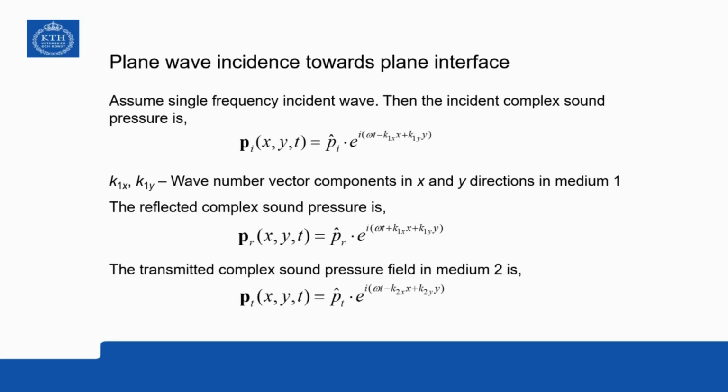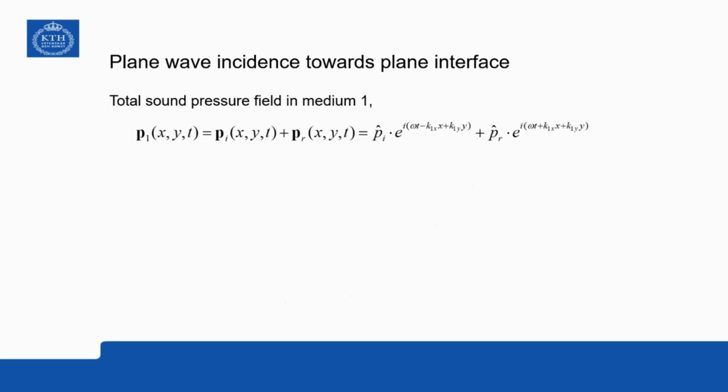In medium 1, the magnitude of the wave number must be equal to omega over c1, whereas in medium 2, it must be equal to omega over c2. And that is reflected in this notation k2 here. So these are now the complex sound pressures for all three components that we have in this problem.